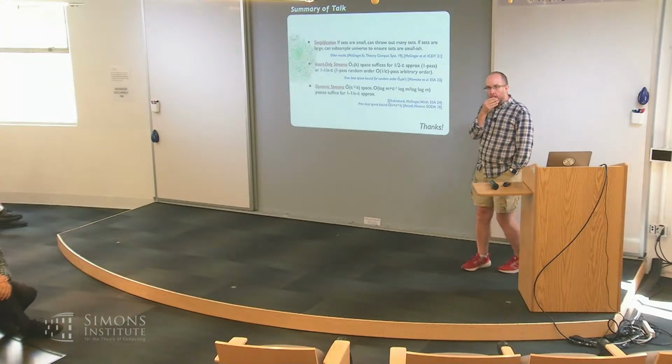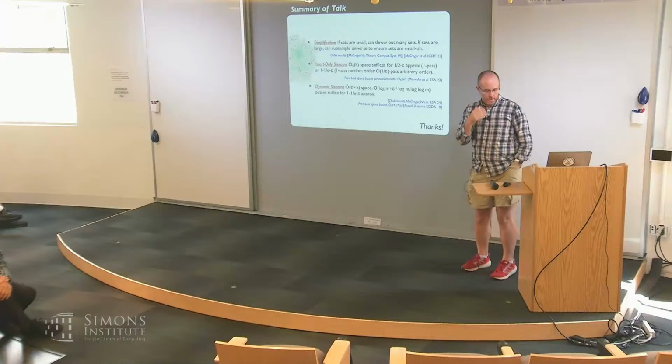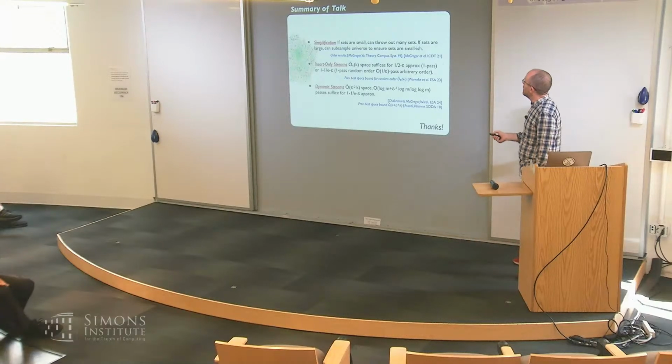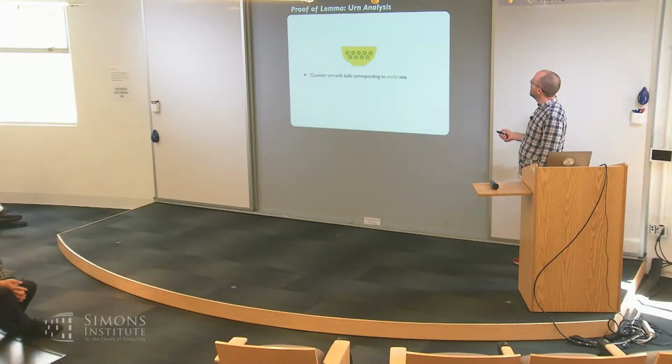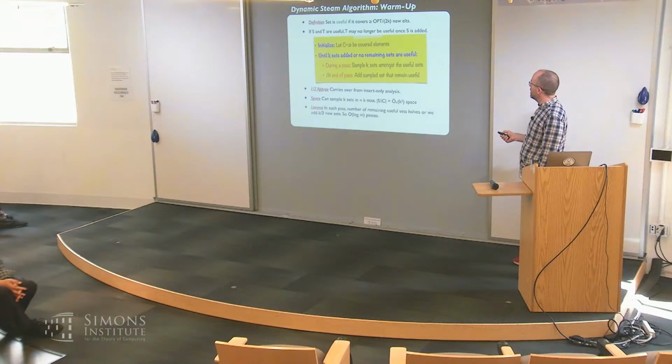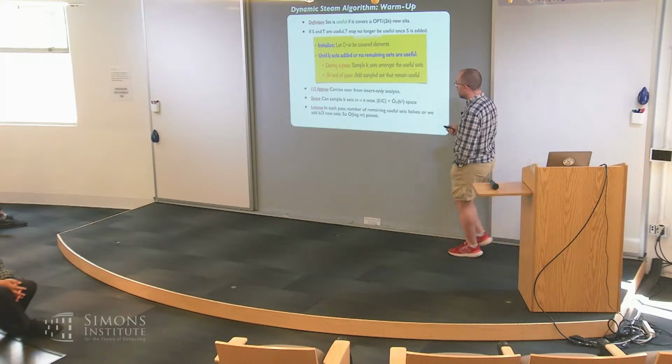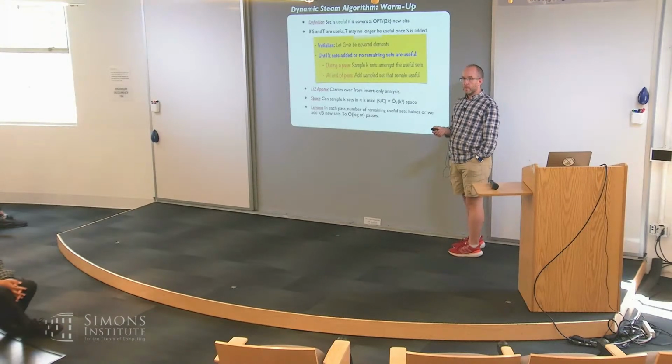I have a small technical question. A few slides ago, before the improvements, with the sampling with the I, you said you get log m passes. Why is it not log k? Yeah, at the end, because you can only have at most 2k useful sets, right? Otherwise it's not m useful sets.